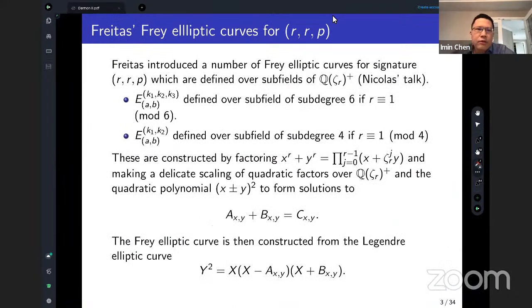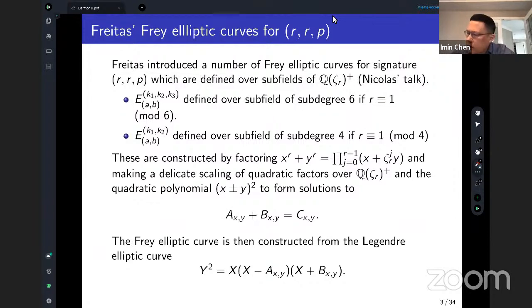So maybe it's good to recap a little bit the construction of Freitas's Frey elliptic curves for signature (r, r, p). These were introduced in his thesis, and these are elliptic curves which are defined over subfields of Q(zeta_r)^+, the maximal real subfield of Q(zeta_r), where zeta_r is a primitive r-th root of unity.